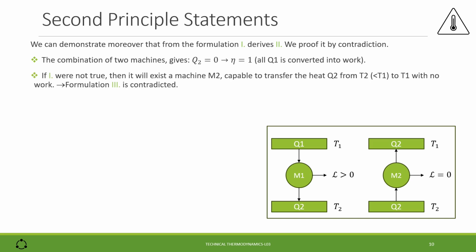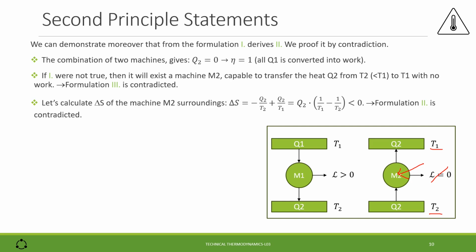If the formulation 1 were not true, then there would exist a machine M2 capable of transferring the heat Q2 from the temperature T2, that is less than T1, to the temperature T1 with no work. And this contradicts the formulation number 3.